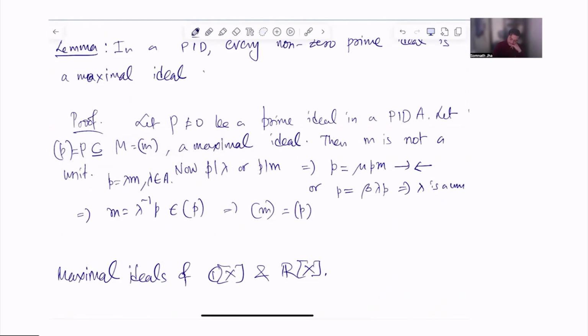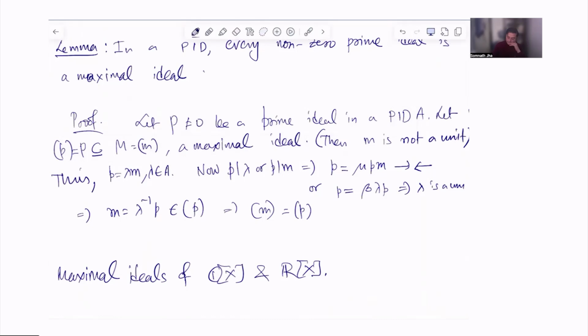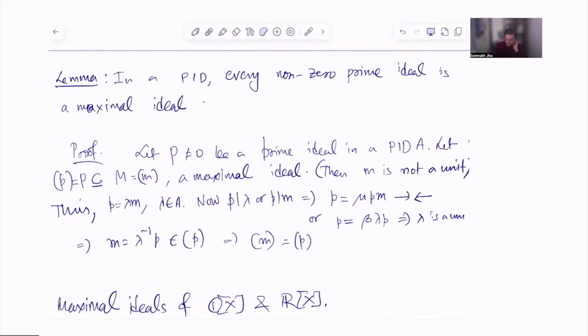It's a PID. So m is not a unit. Now P divides lambda m because P is prime and it is equal to lambda m. So P will divide lambda or P will divide m.